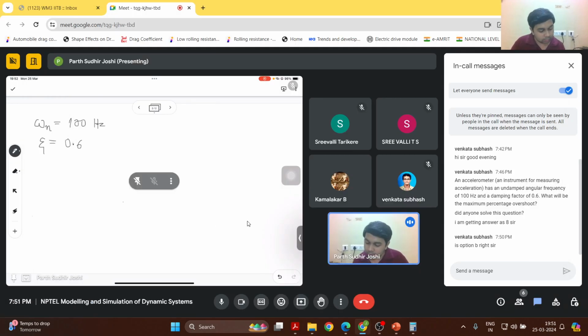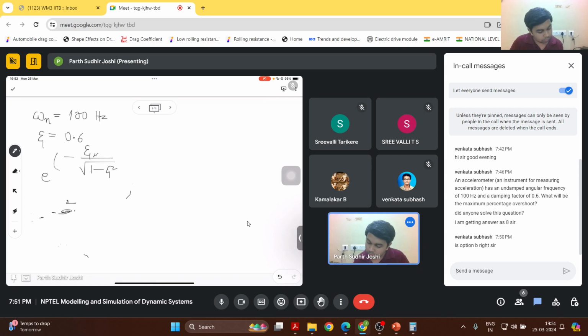It is e to the power minus zeta pi upon square root of 1 minus zeta square. Fine, so we can calculate that.